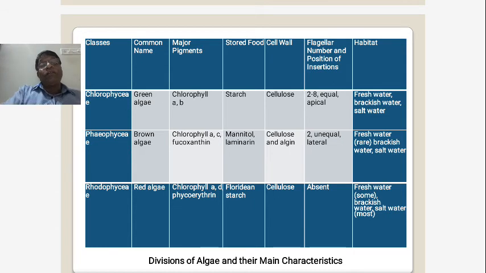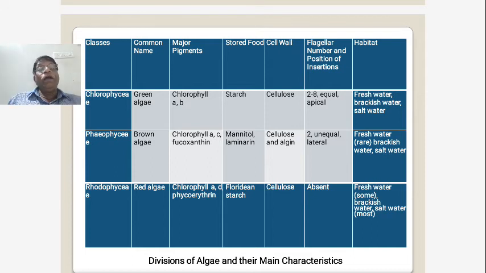If you practice this table and if you are able to remember, you may write all the characteristics of Chlorophyceae, Phaeophyceae, and even Rhodophyceae, at least 7-8 points. So this is a type of notes also for you in a brief manner.